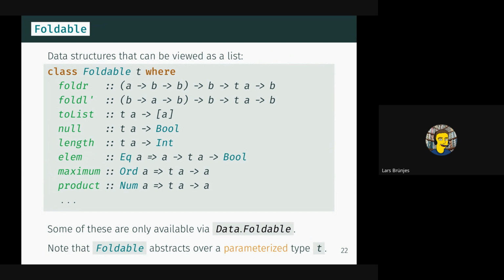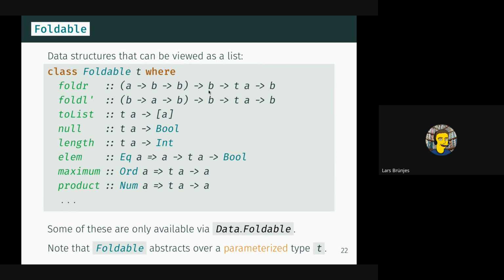You can think of it as something that you could convert into a list of a's. So a container t of a's is something like a list of a's, or at least you can convert it into a list of a's. And it turns out that a lot of these functions we have seen now that make sense for lists also make sense for these Foldables.